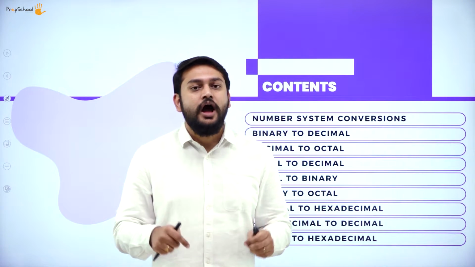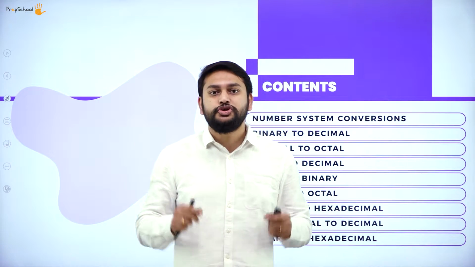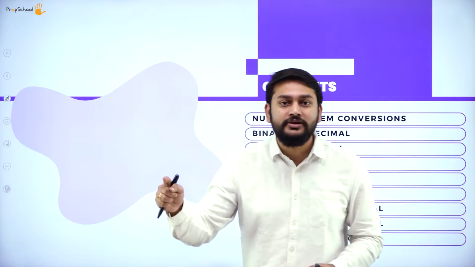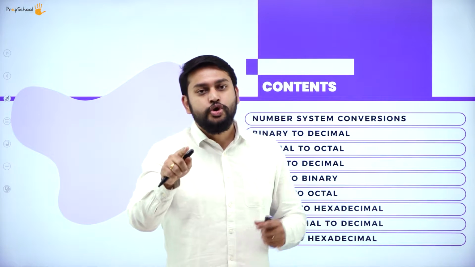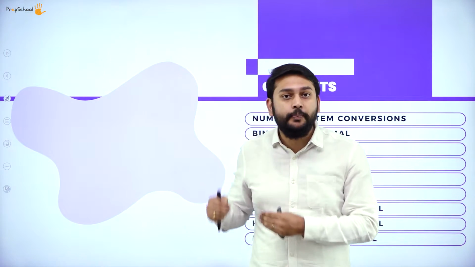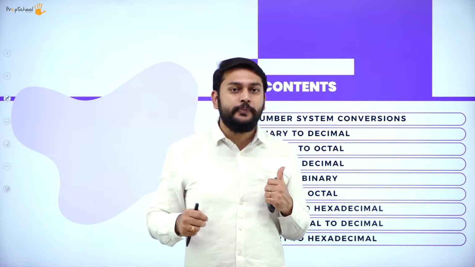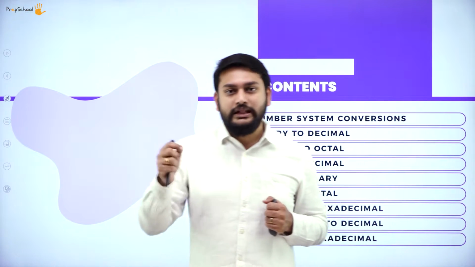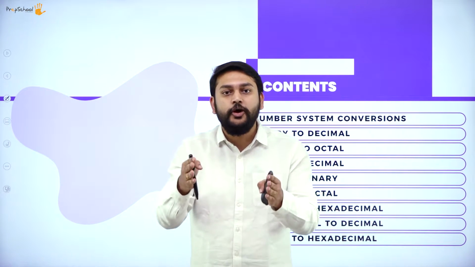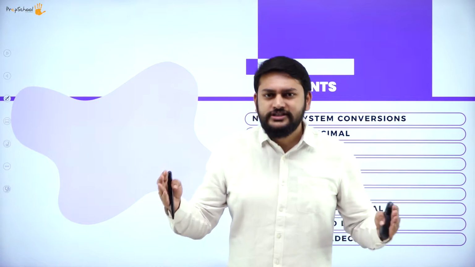In this session, I will take up an example to show you how the conversion happens. I want all of you to have a notepad and a pen next to you. I will take up a problem and then show you the method we are going to implement to perform the conversion. So all set to go.